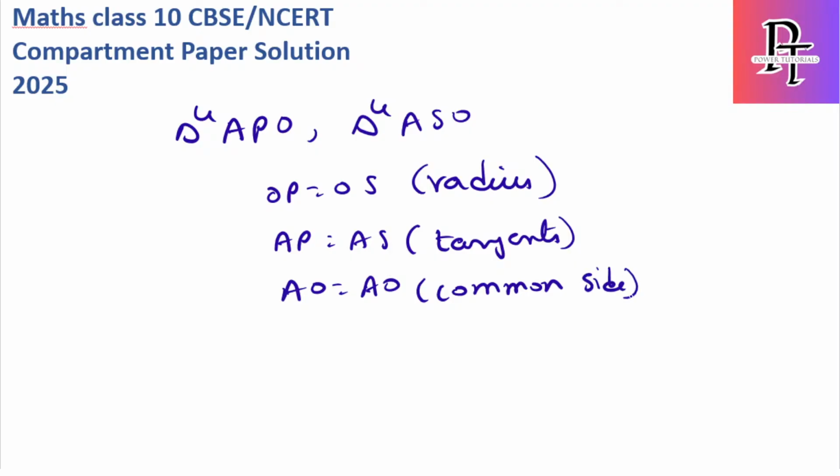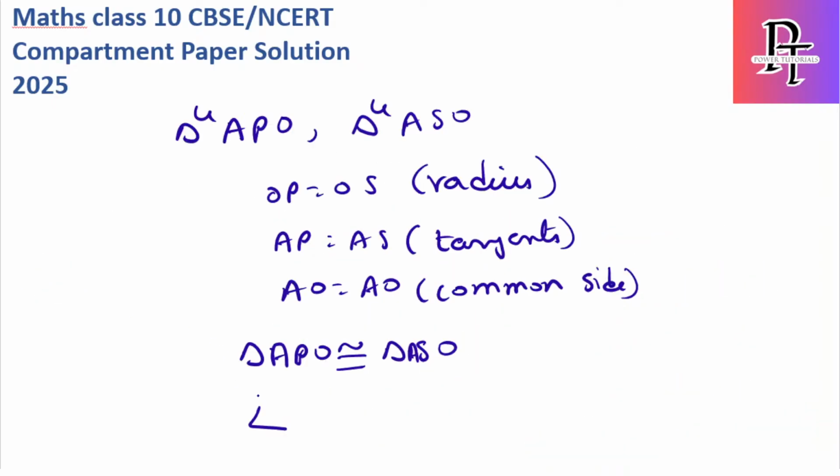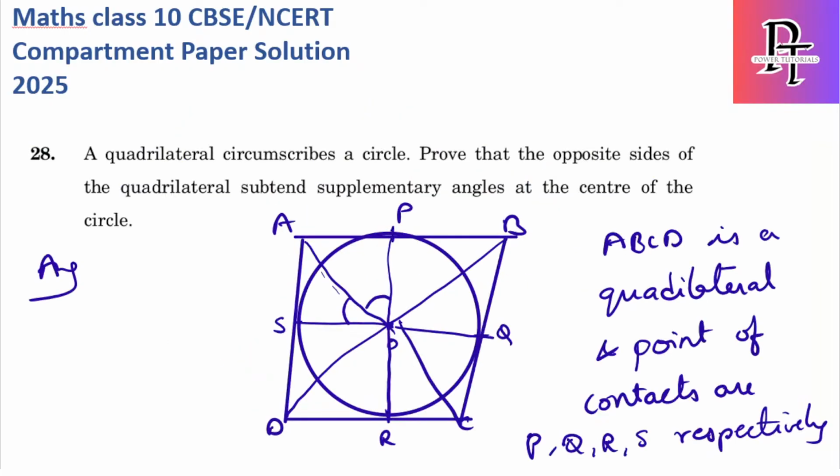If three sides of a triangle are equal to the three sides of another triangle, then I can simply say triangle APO is congruent to triangle ASO, or simply I can get from here angle POA is equal to angle AOS.